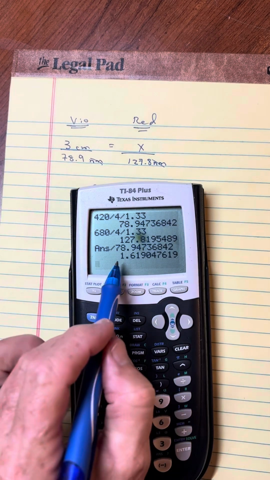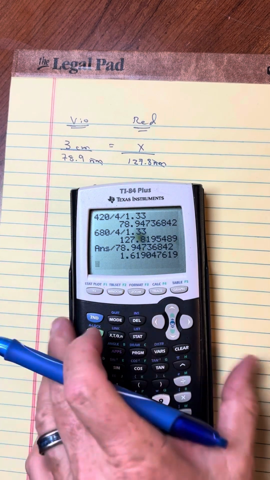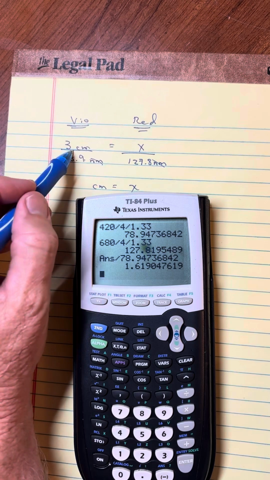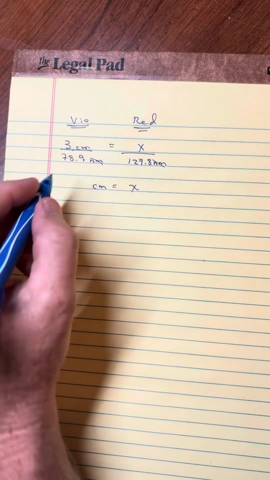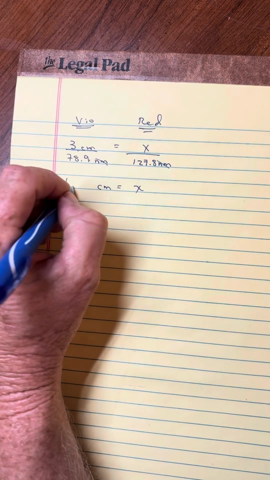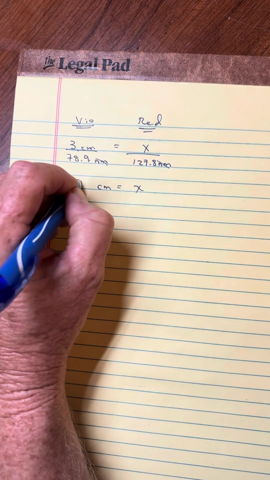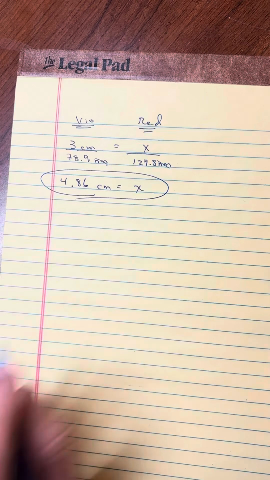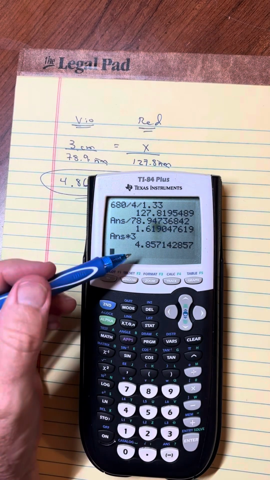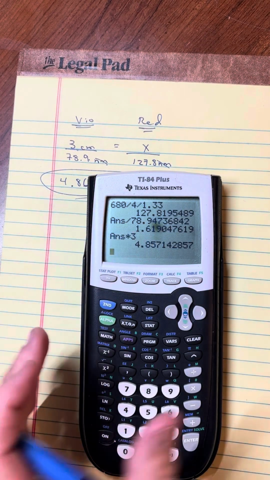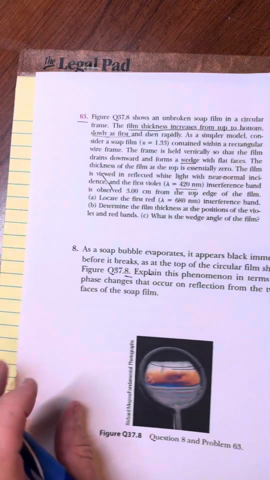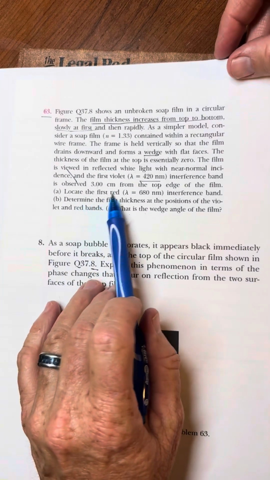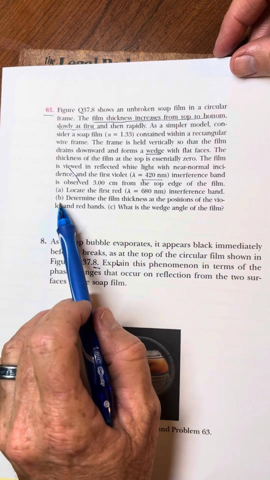And so I get a factor of 1.62. Times the 3, and we should be looking at about 4.86 centimeters down. Again, about 60% further down than the 3 centimeters. Okay. So there's A, locate the first red interference band.